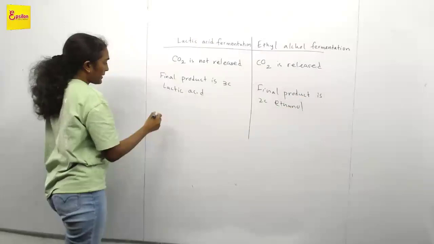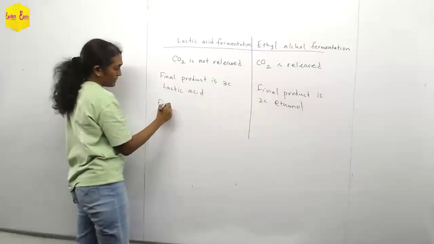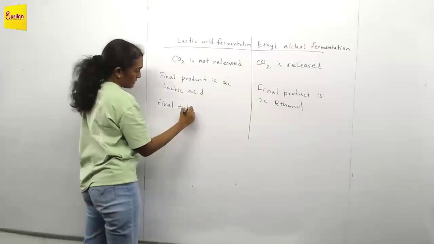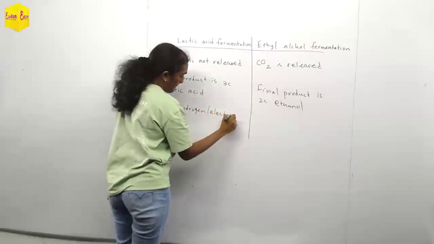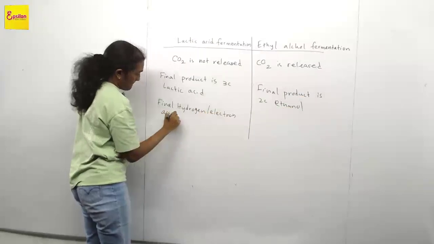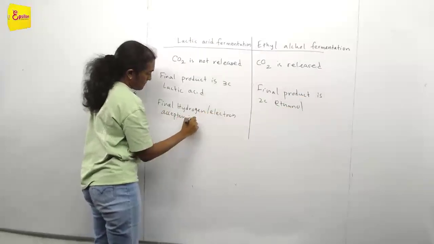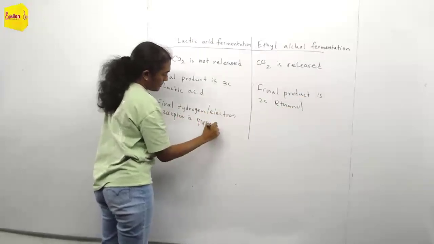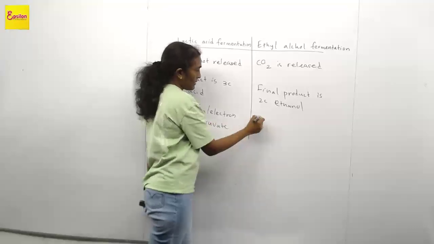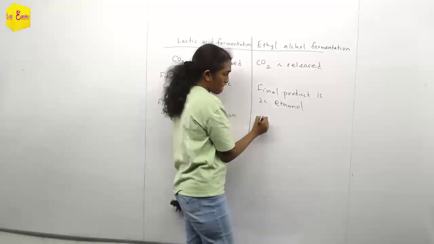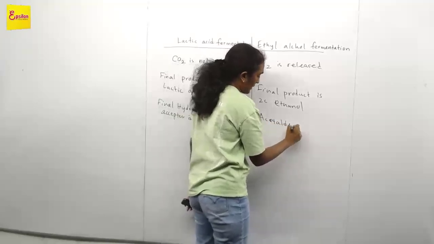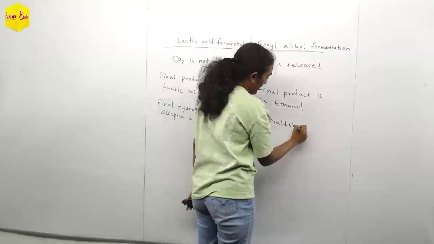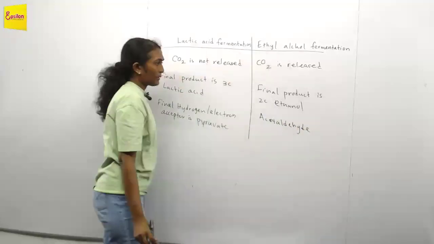Final electron acceptor, hydrogen acceptor: pyruvate here, and here it is acetaldehyde.